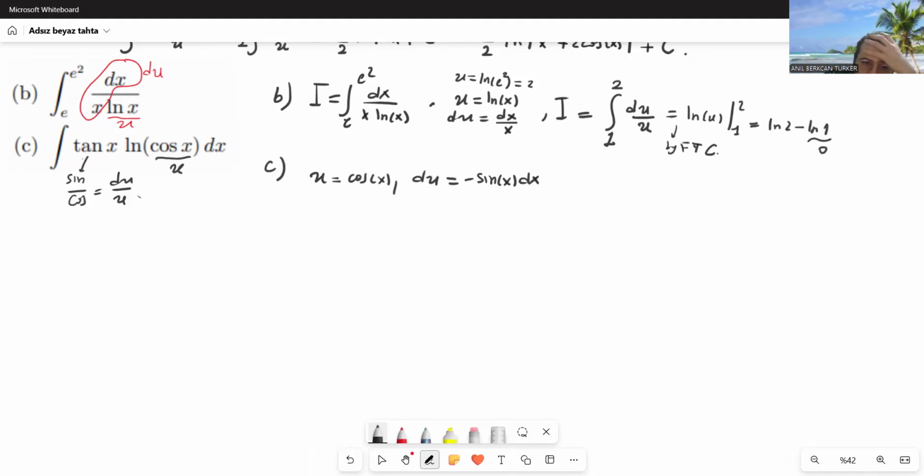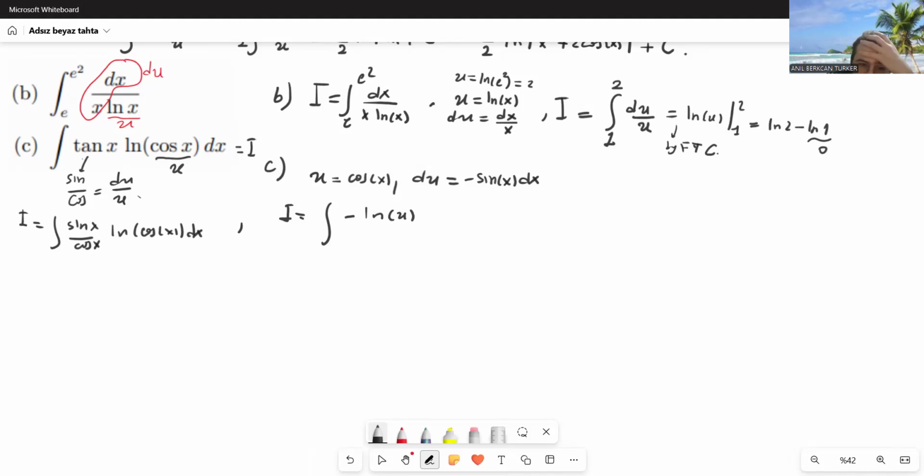So what about this integral? Let me just first write this integral as sine x over cosine x times ln cosine x dx. Now this I becomes minus ln u.